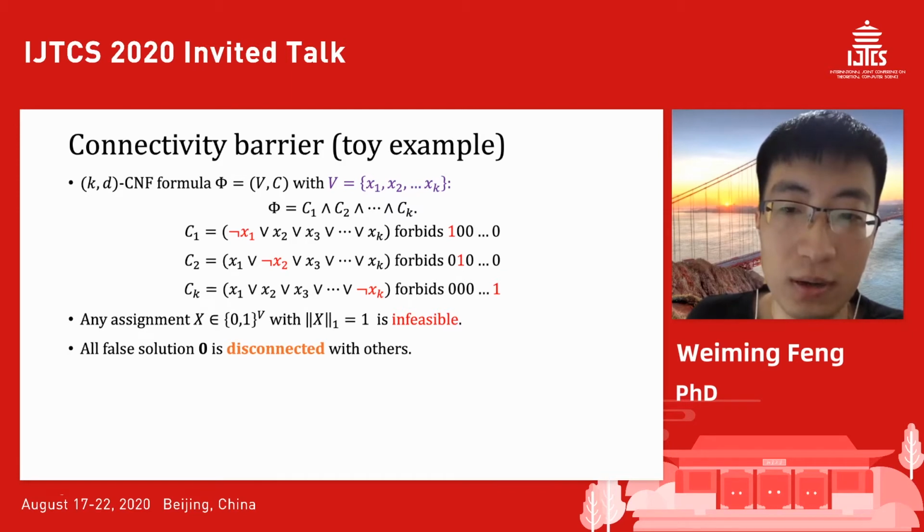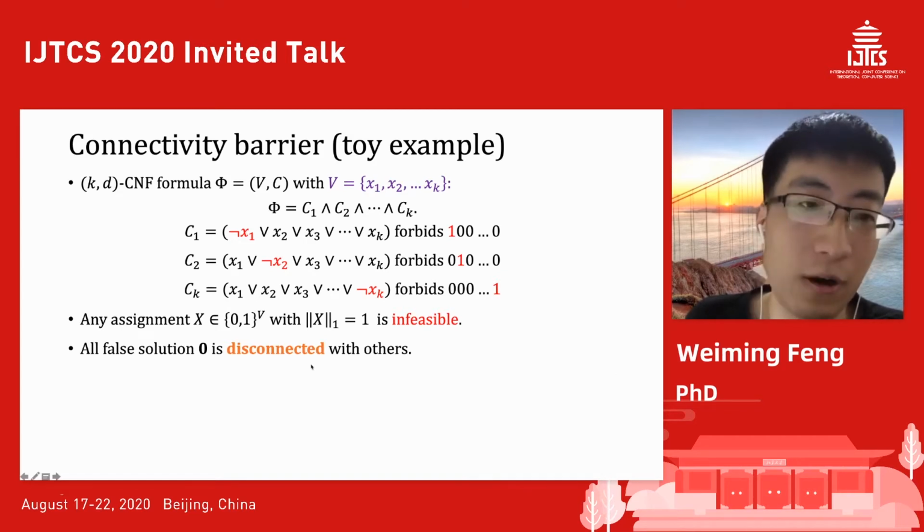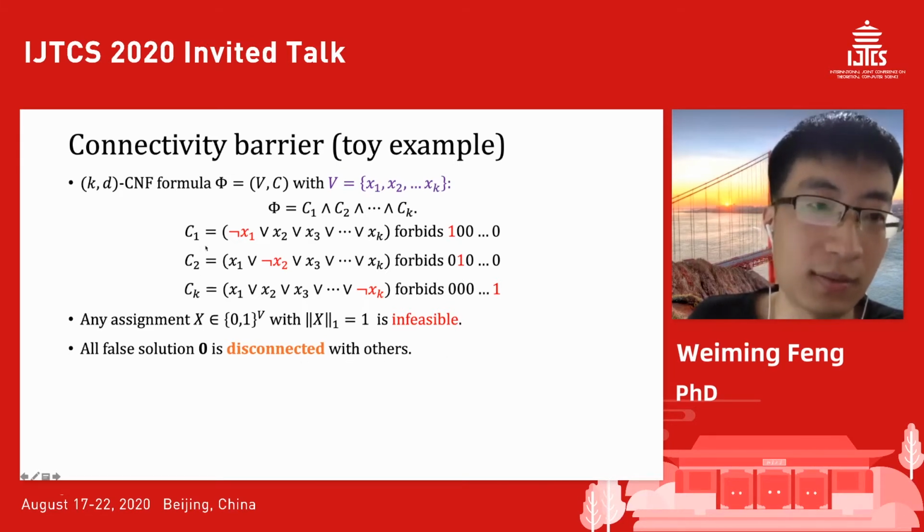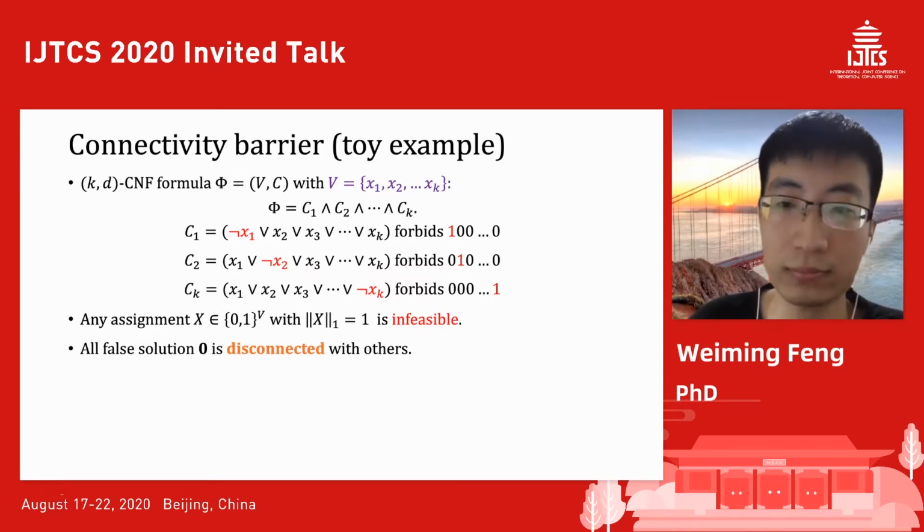So in general, if only one variable takes the value true and the other variables take the value false, this assignment is not a satisfying assignment. But on the other hand, if all the variables take the value false, then we have a satisfying assignment, because c1, c2 to ck will all be satisfied by the all-false solution.